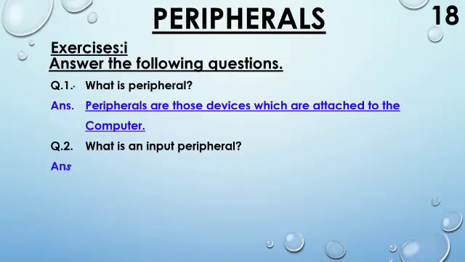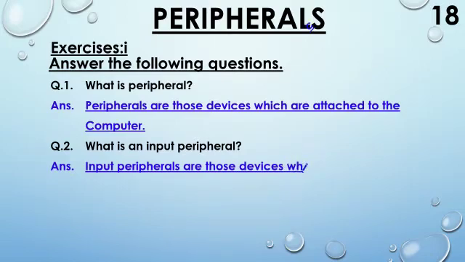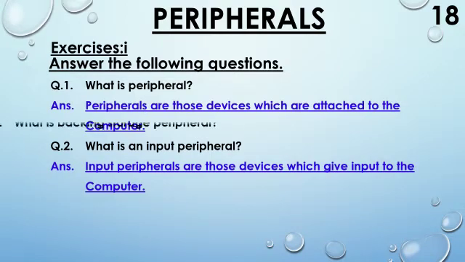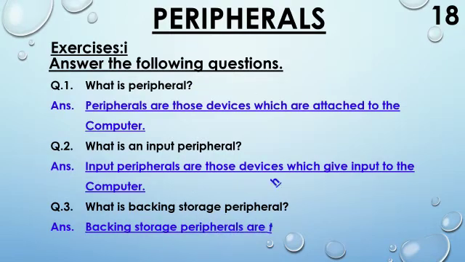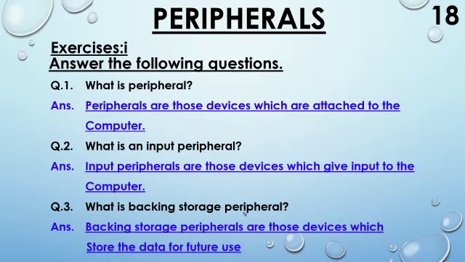Answer: input peripherals are those devices which give input to the computer. Question number 3, what are backing storage peripherals? Answer: backing storage peripherals are those devices which store the data for future use.